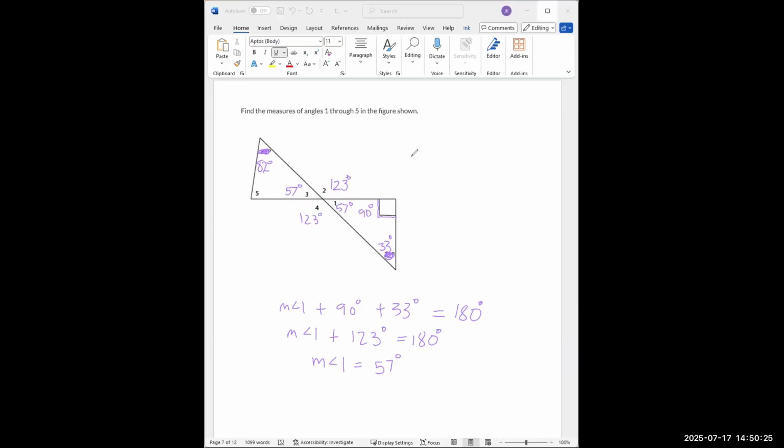And again, we've got a triangle now, so I have 57 plus 82 plus whatever 5 is has to be 180. And now I can simplify. So let's see, 57 and 82, I get 139.